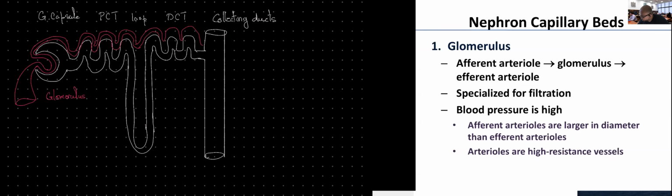Surrounding the convoluted tubules, so we call them, here are my peritubular capillaries. And I've got straight vessel that will be surrounding the loop of Henle. We call this my vasa recta.